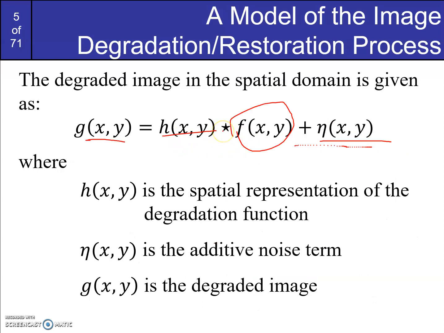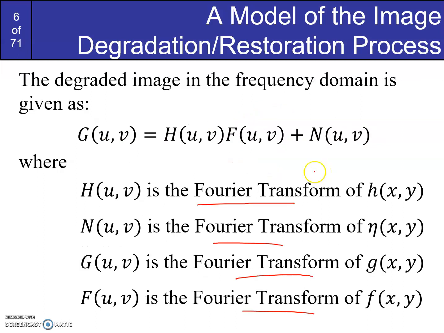So here it was convolution, but here it is simple multiplication, because whatever is convolution in the spatial domain becomes multiplication in the frequency domain, and whatever is multiplication becomes convolution.